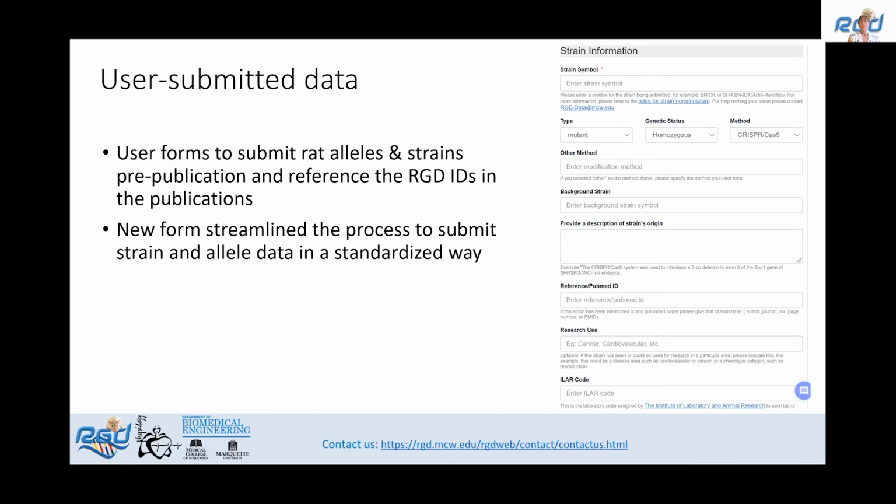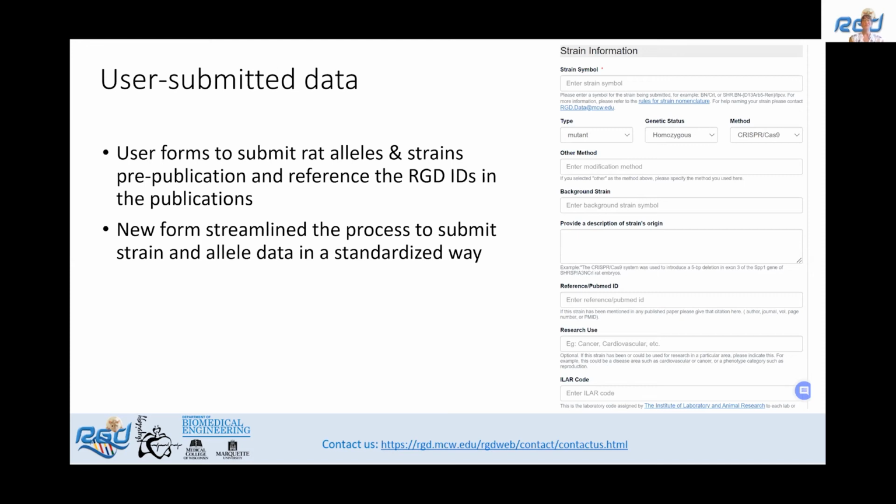Finally, we do encourage user-submitted data into RGD, particularly strains and alleles. And so we encourage investigators to submit their alleles and strains pre-publication, so then they can have a reference identifier to put into their publication, and that really helps with the nomenclature issues that revolve around strains and alleles.